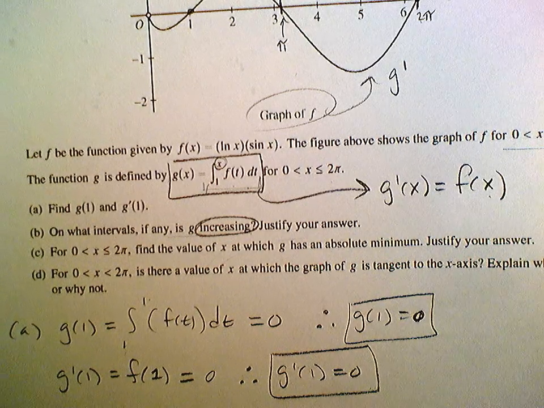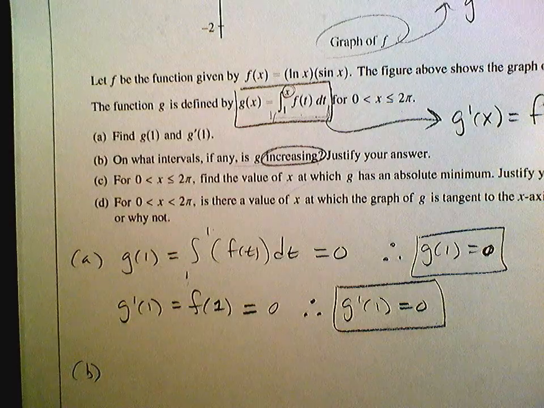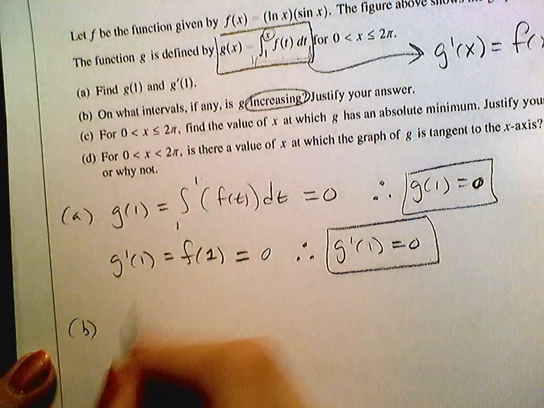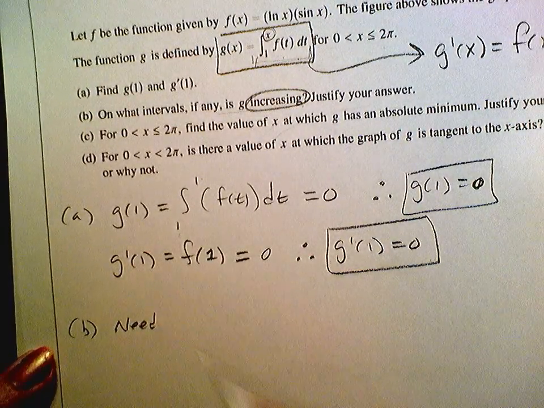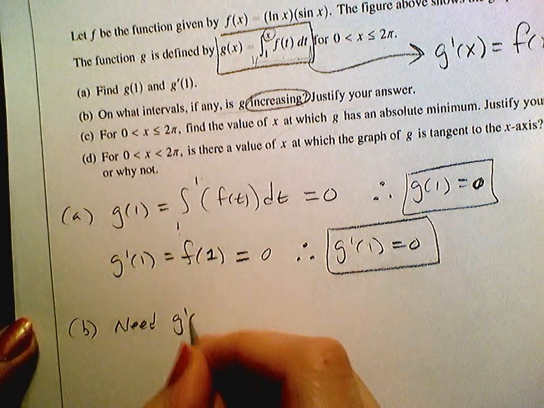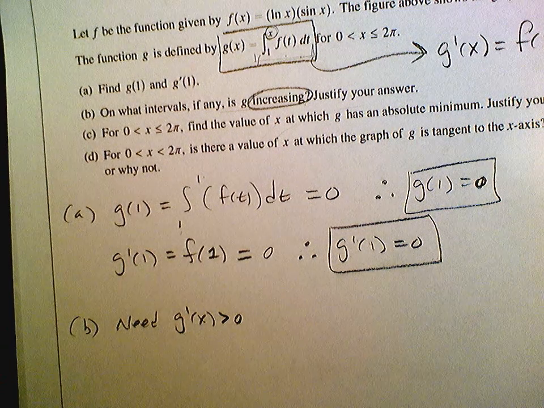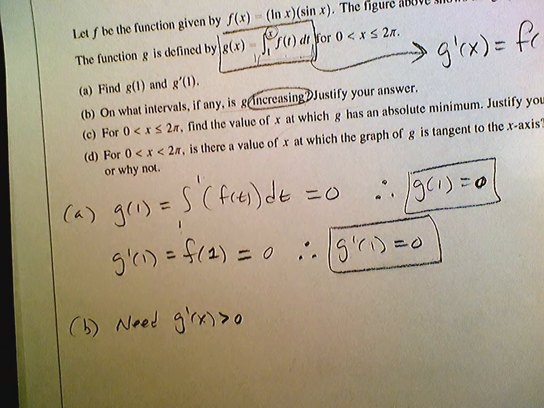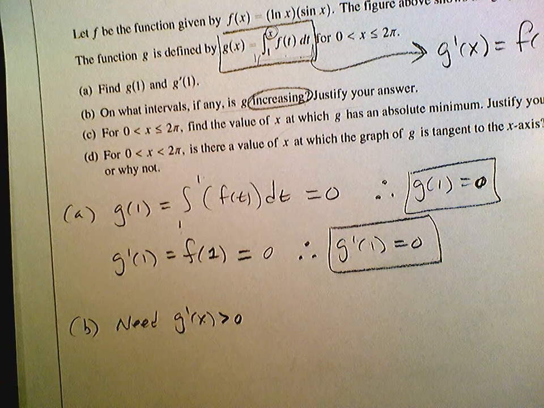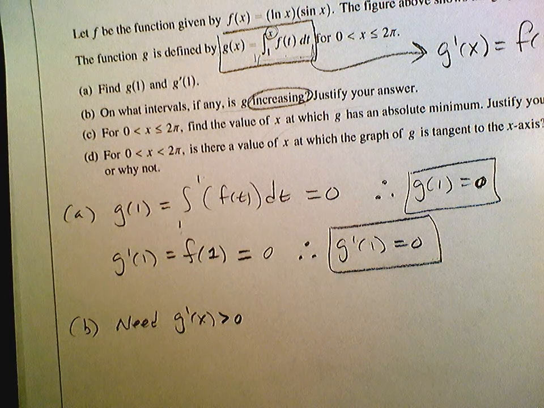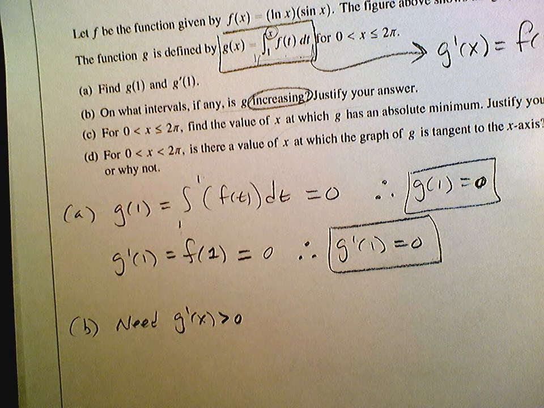Okay, G prime. So for part B, you could maybe say to yourself that we need G prime of X greater than 0. All right, and let me look for my salmon colored packet.